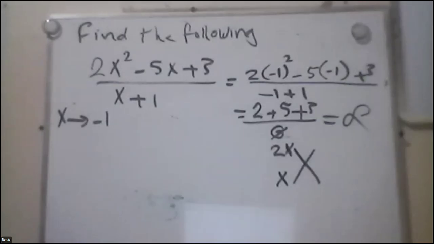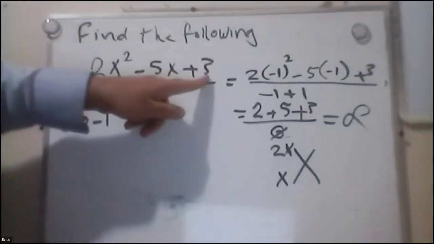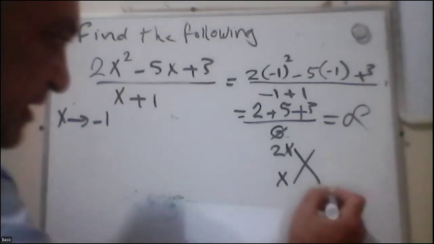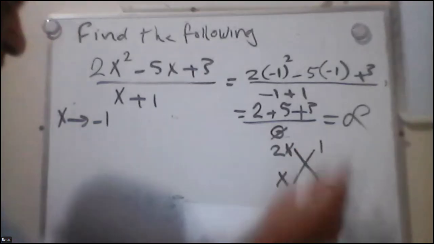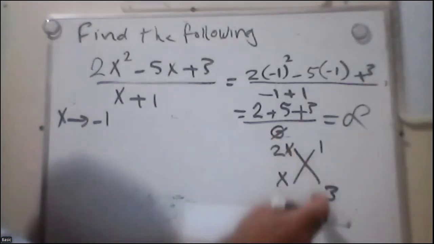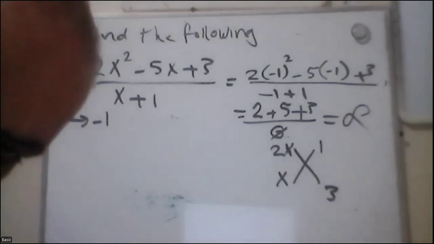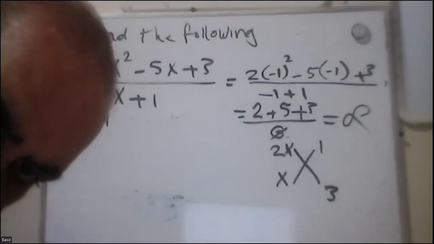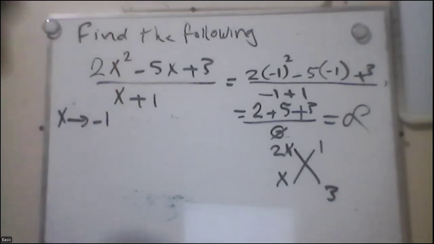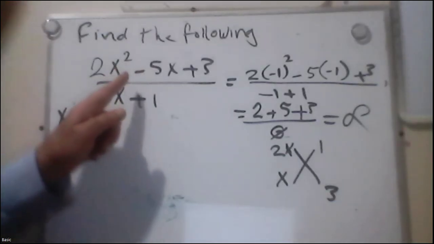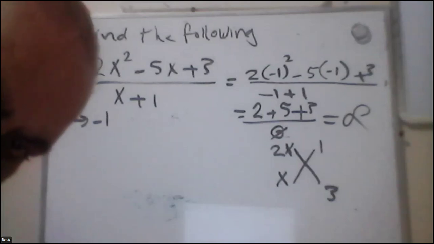I need two numbers whose multiplication is 3 and whose sum is 5. So I will put 3 and 1, because 2x multiplied by 3 is 6x, plus 1x gives me 5x. The expression is actually 2x squared plus 5x plus 3.